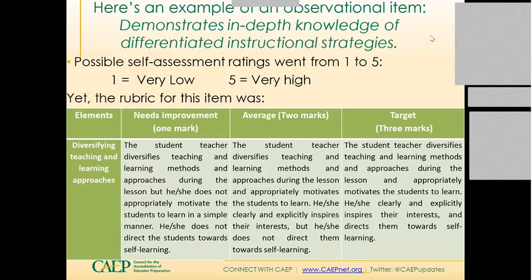In this particular rubric, you can see that at needs improvement, the teacher diversifies, but doesn't motivate students and doesn't direct students towards self-learning. So there are really three parts to what is considered diversifying teaching and learning approaches: diversification, motivation, and directing towards self-learning. In the average rating, the teacher diversifies and motivates, but doesn't direct towards self-learning. And in the third, diversifies, motivates, and directs them to self-learning.